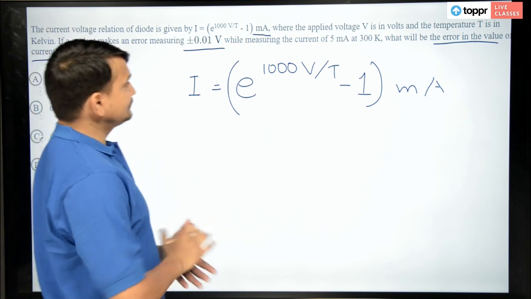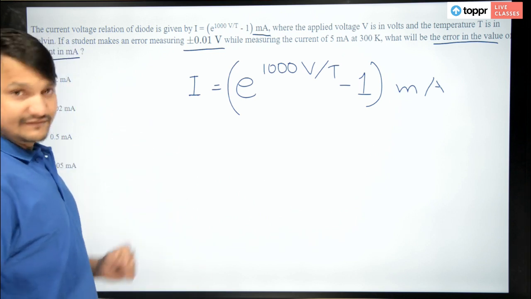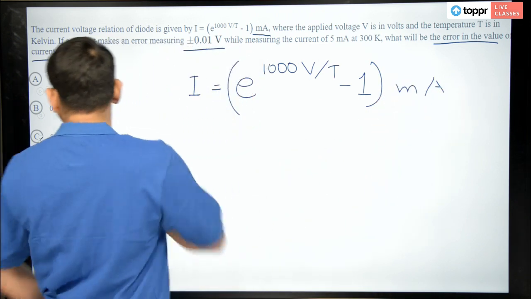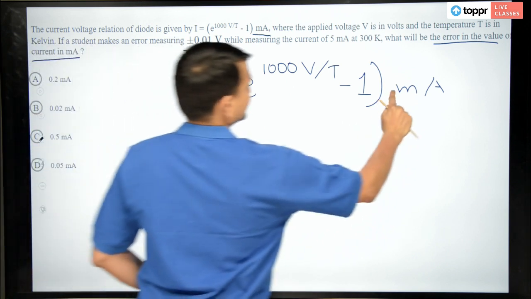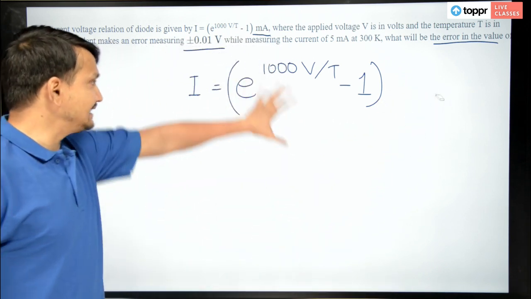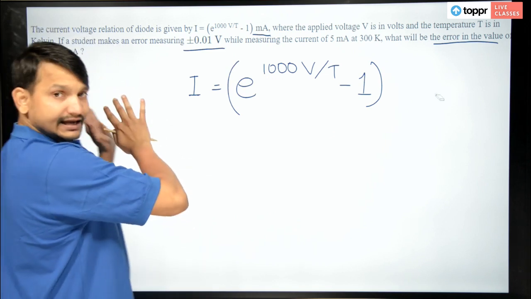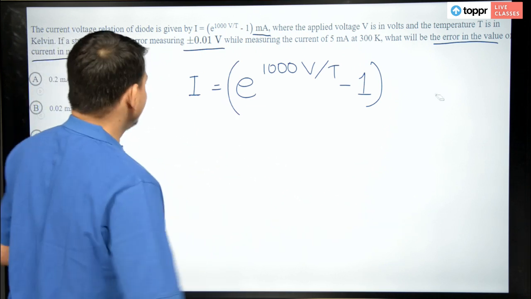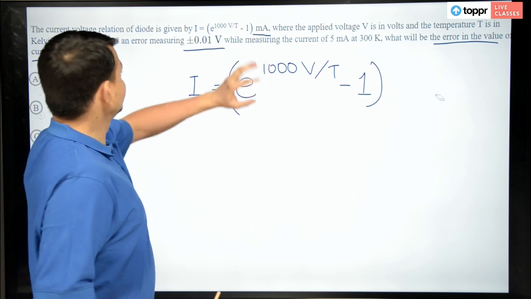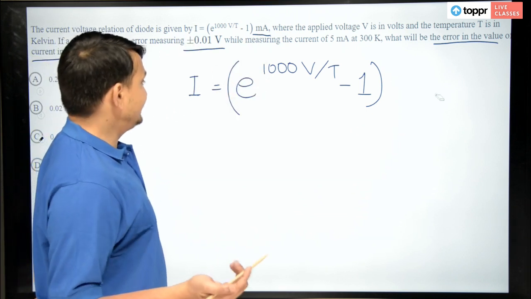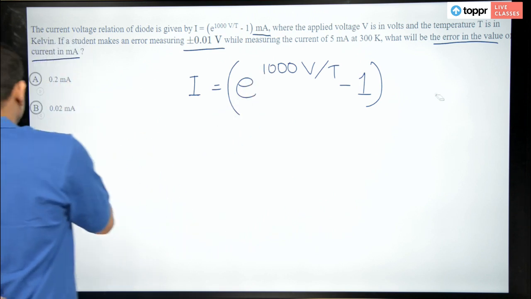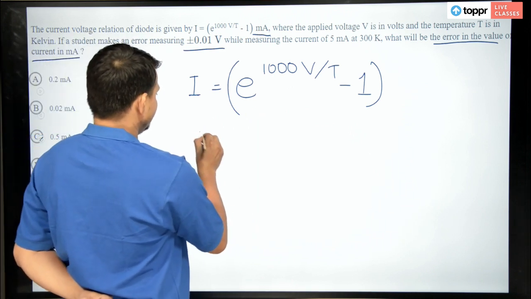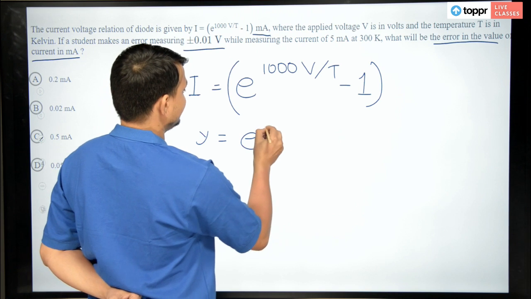take out the volt error from here using differentiation. So if we differentiate this whole quantity, for now let's remove the milliampere part, but remember that this quantity is in milliampere. So if we differentiate this whole equation with voltage V, what would we have? This equation is something like, let's say, y equals e to the power kx.